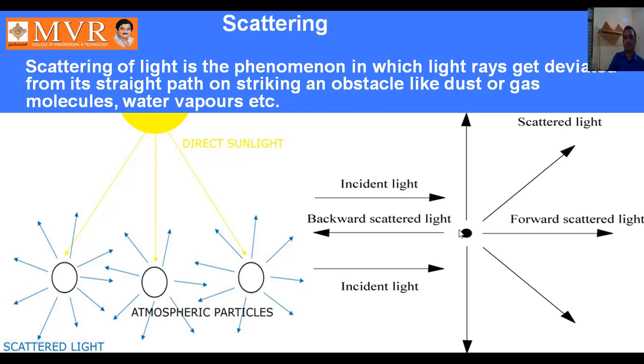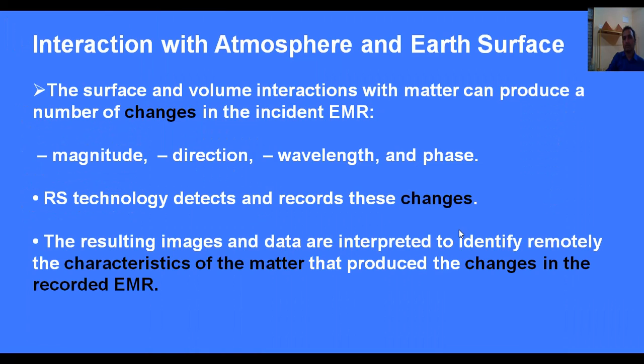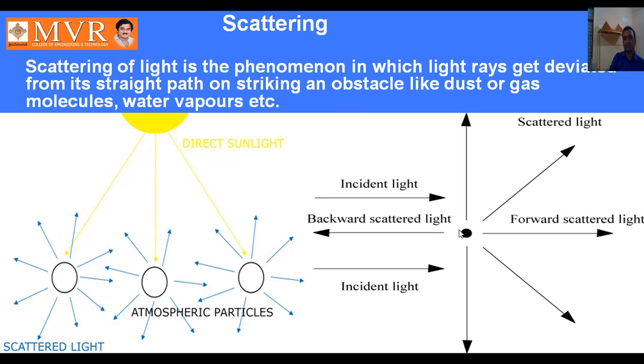See here, it changes its original path. So, that is why there is forward scattered light, backward scattered light, scattered in any direction. Some radiation is scattered in the forward direction, some in the backward direction, and some in all directions.